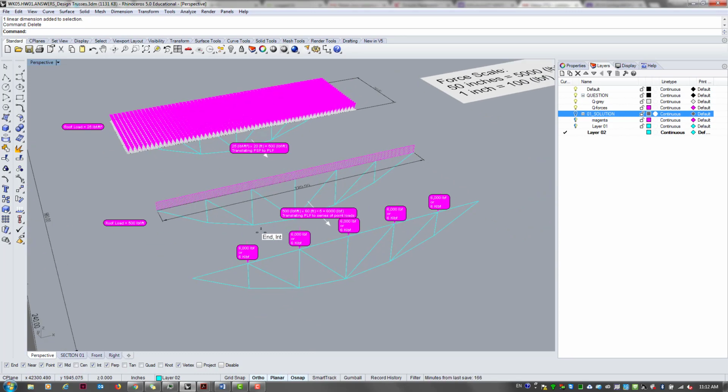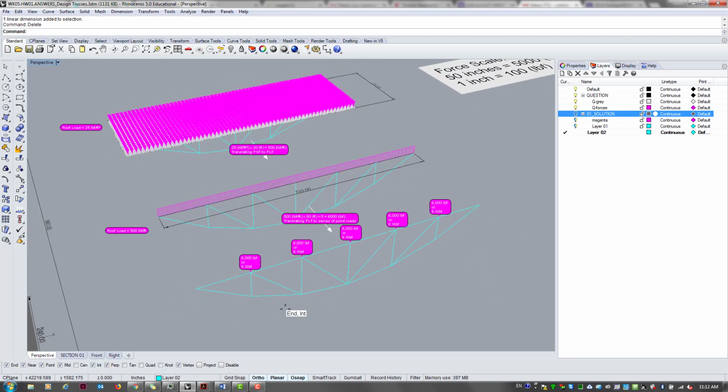And it's very common when we are analyzing the truss to assume that in reality it's a distributed load, but when we calculate for the truss we would assume everything is a point load. So we're going to distribute this 500 pounds per foot into 1, 2, 3, 4, 5 separate point loads.